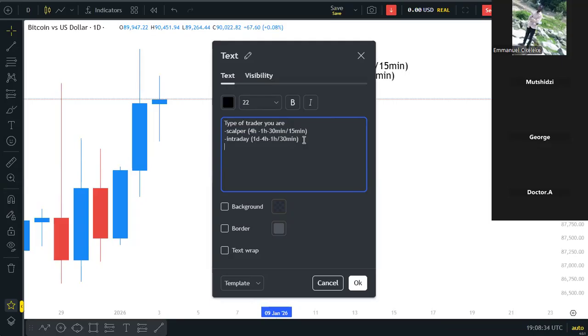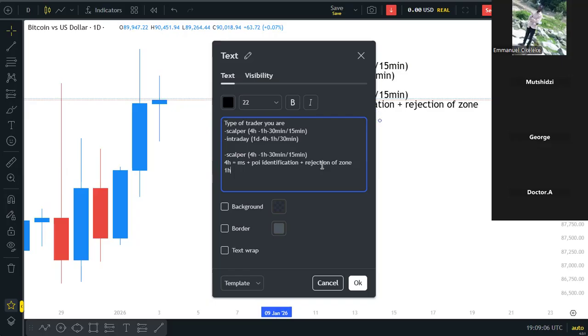For a scalper, your 4 hour is for market structure plus POI identification plus rejection of zone.